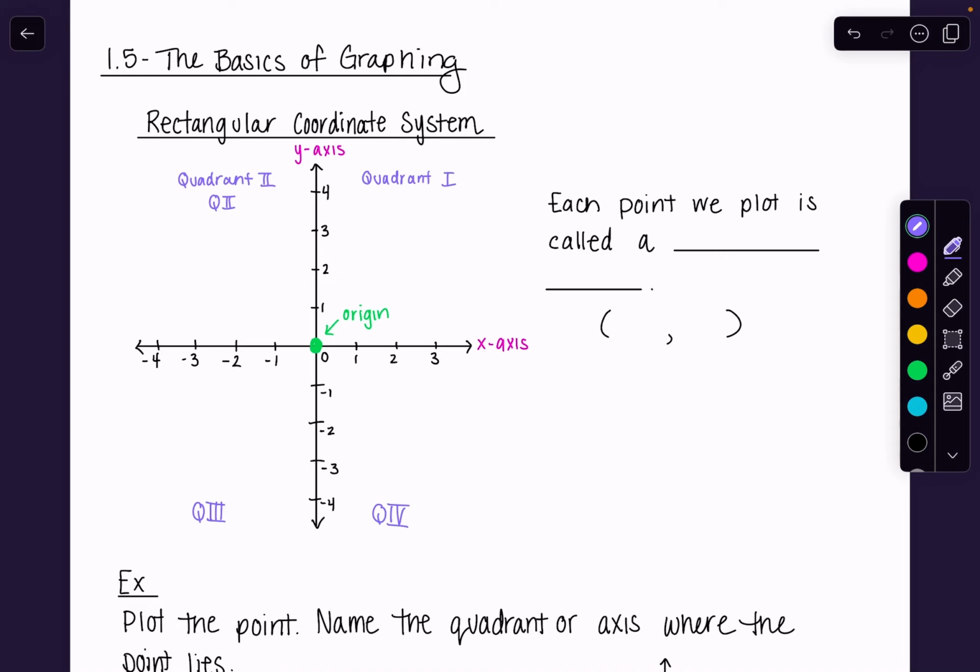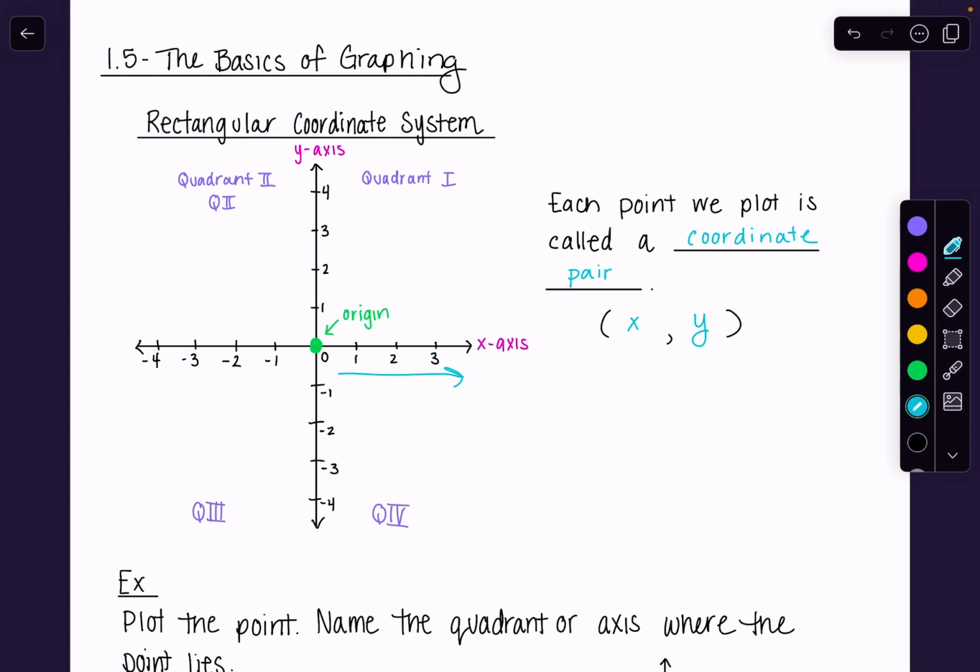So every single point that you're going to plot in this two-dimensional rectangular coordinate system is called a coordinate pair. The order does matter. The very first number indicates how far you move in the x direction. The second number indicates how far you move in the y. If it's positive, that means you move positive in the x direction.